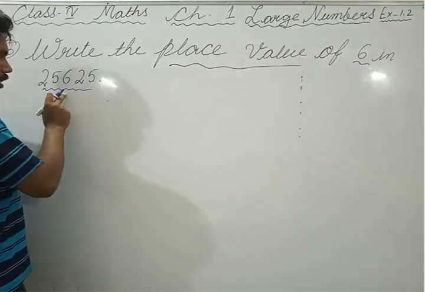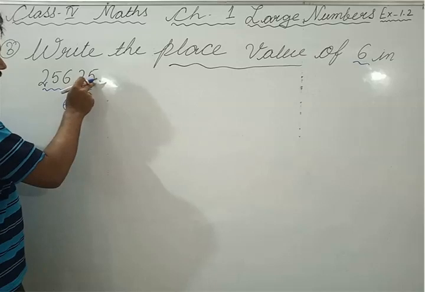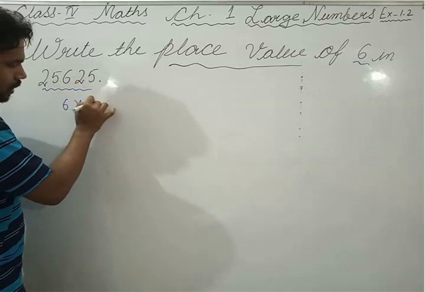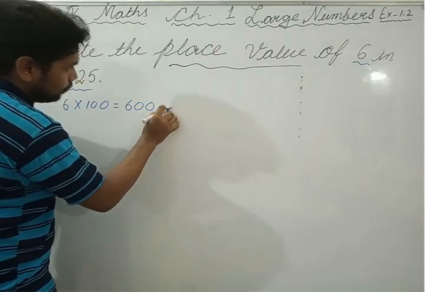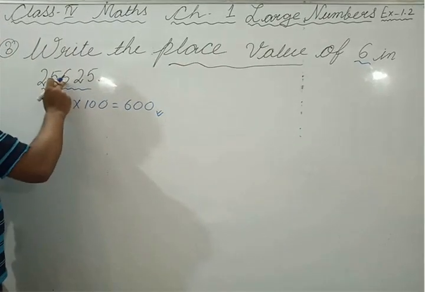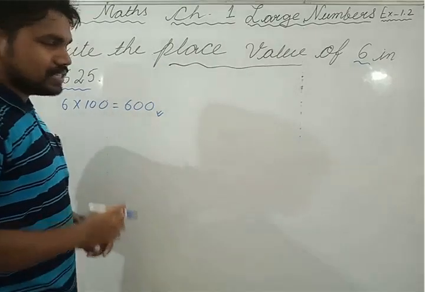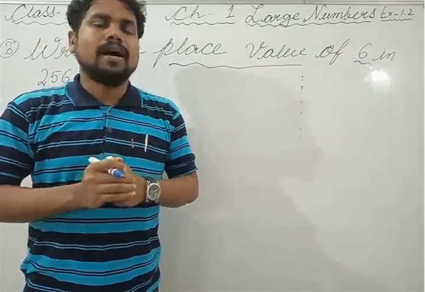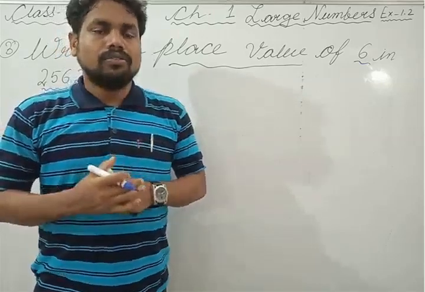Here it will be 6 multiplied by the place of the number, which is 100. So 600 will be the place value of 6 in this number. Very simply, you write the number multiplied by the place of the number. Okay, now the face value.